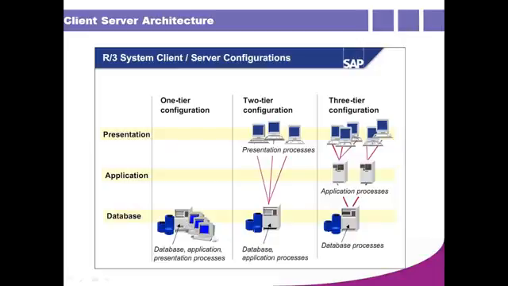What I am trying to say is there is no dedicated software or hardware resource for each and every layer. The 10 GB RAM is only shared by these three layers. So there is no dedicated RAM for database, no dedicated RAM for application layer, no dedicated RAM for GUI.